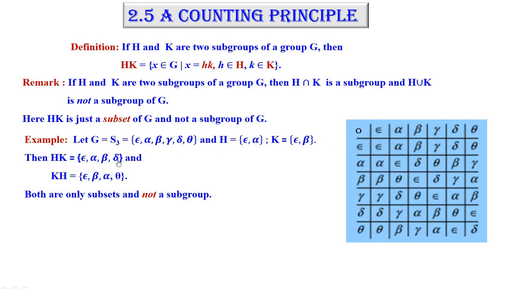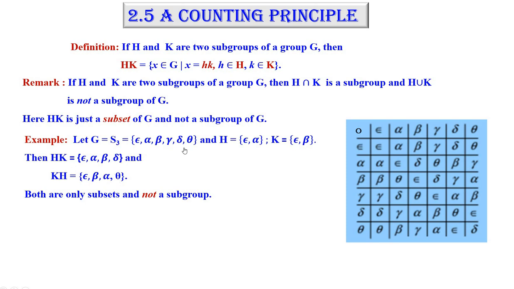Now if you compute KH, then epsilon with epsilon gives epsilon, and then beta with epsilon gives beta, and epsilon with alpha gives alpha, and beta with alpha gives theta. So that is what is written here.